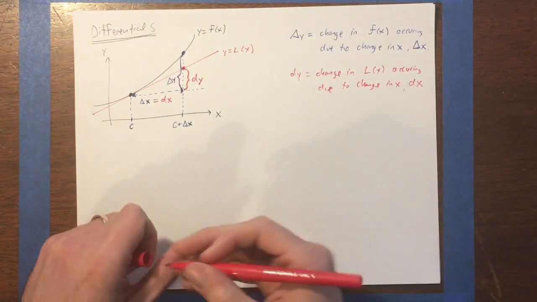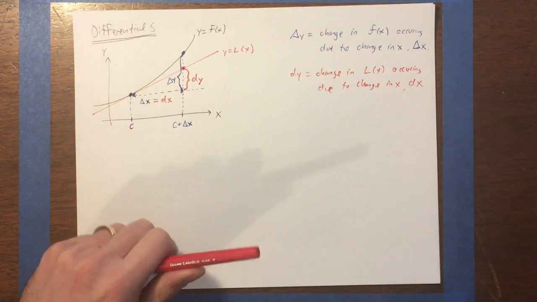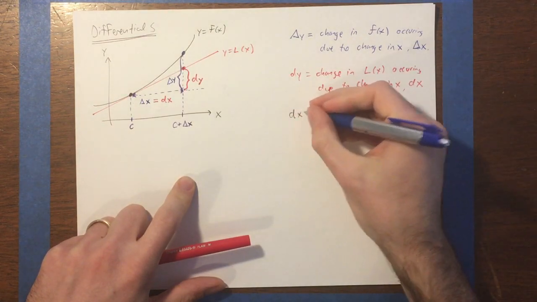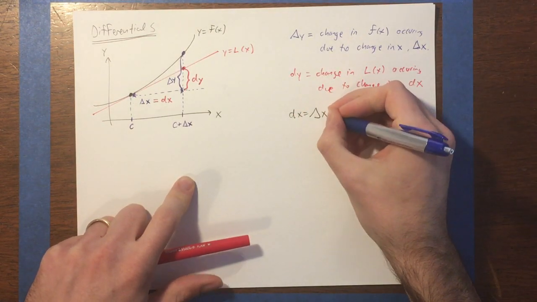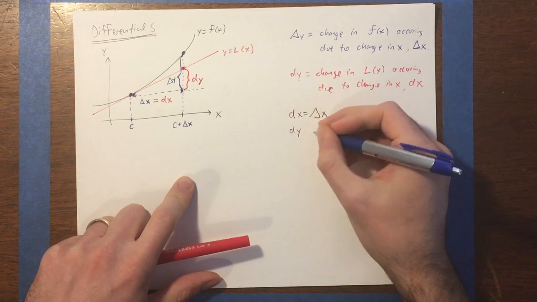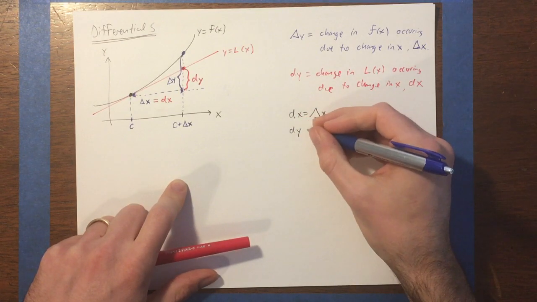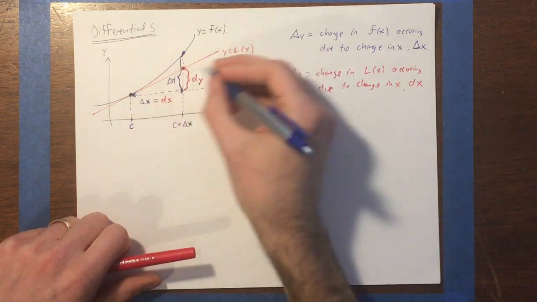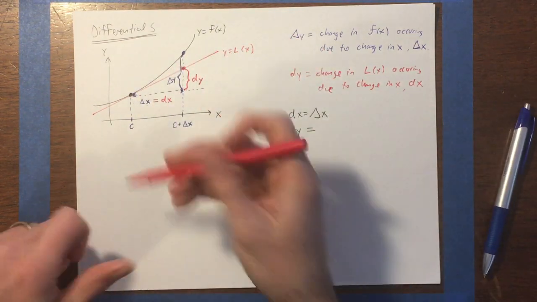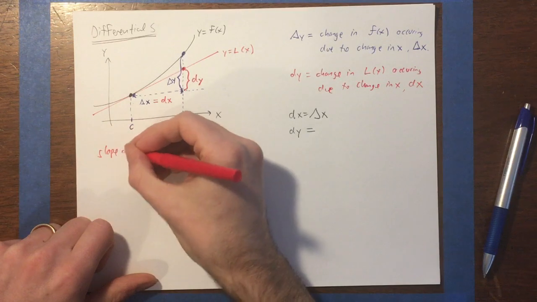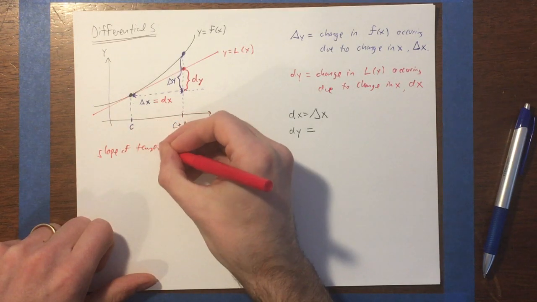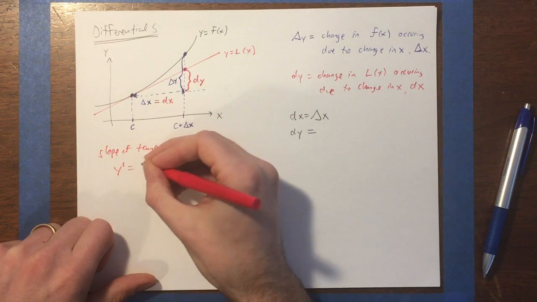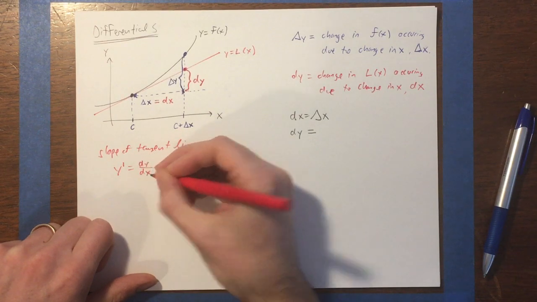And then we could write dx equals delta x, and dy is going to be equal to, if I calculate the slope of this line, the slope of the tangent line, remember that's y prime, which is dy over dx.